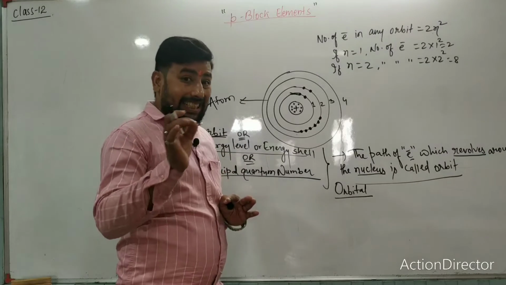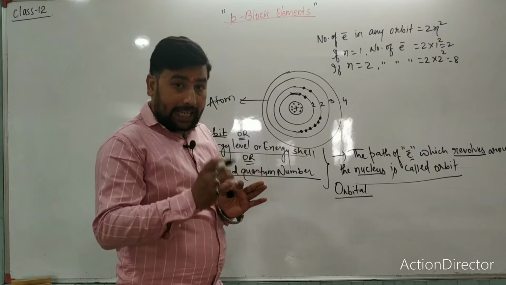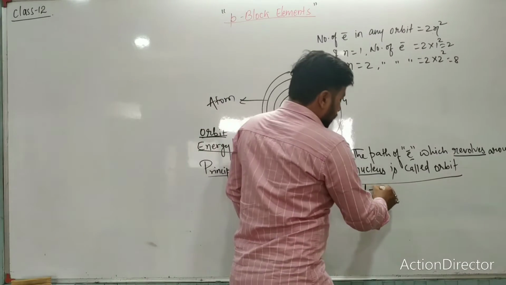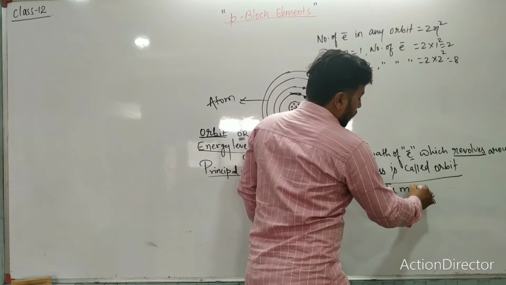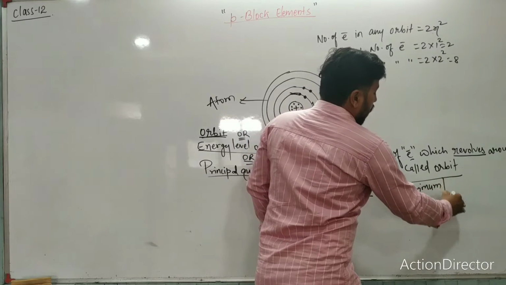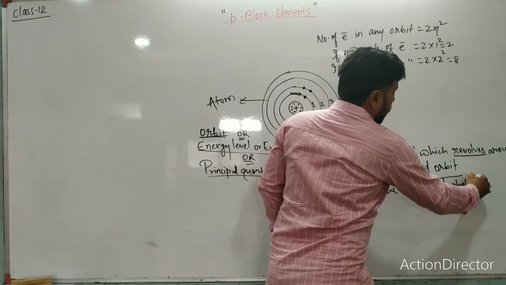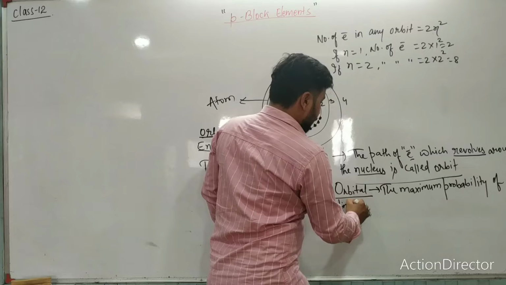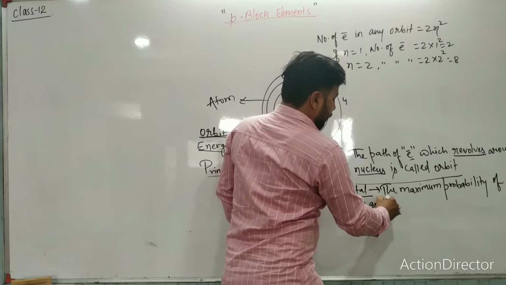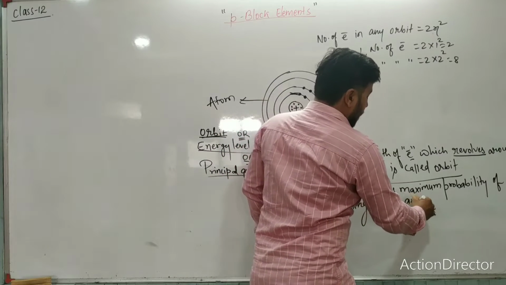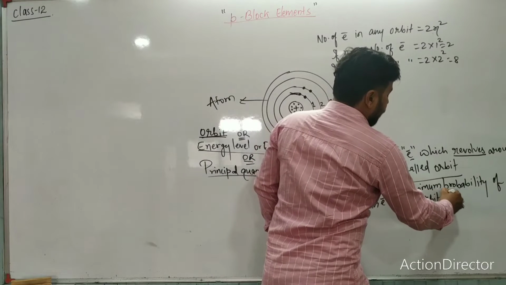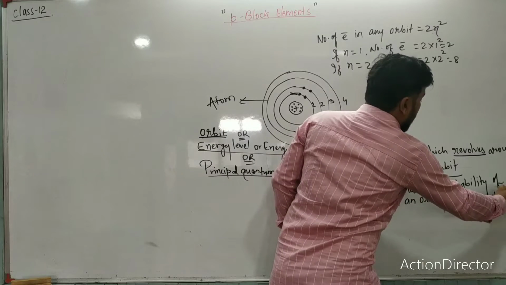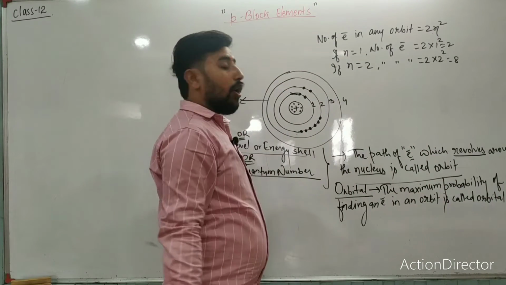The maximum probability of finding an electron in an orbit is called orbital.